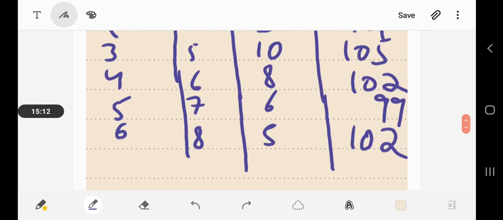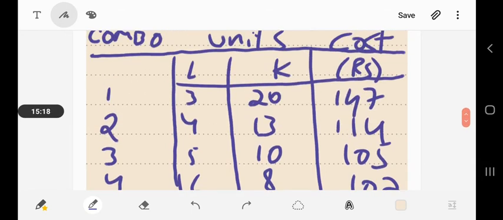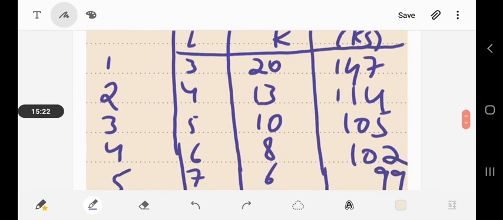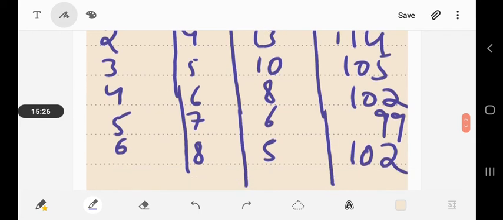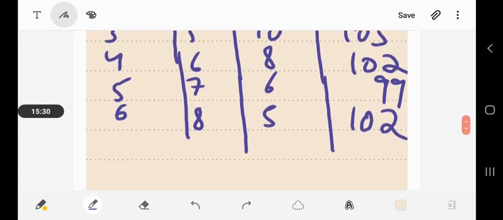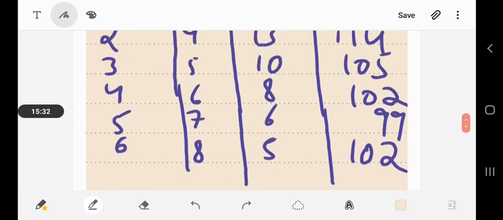Here combination 5 represents the least cost for producing 9 pairs of shoes. Combination 1 is 147, combination 2 is 114, combination 3 is 105, combination 4 is 102, combination 5 is 99 rupees, and combination 6 is 102 rupees.